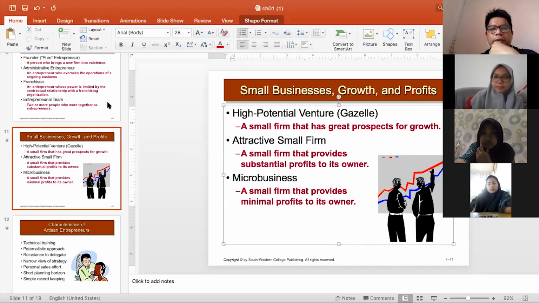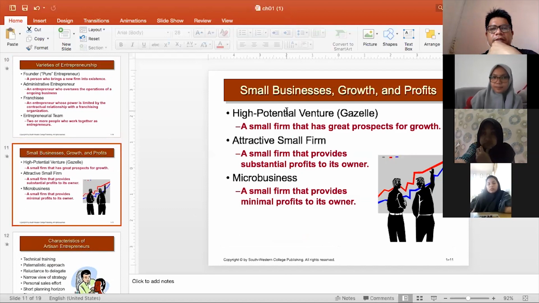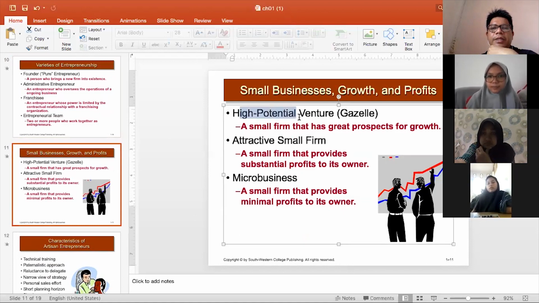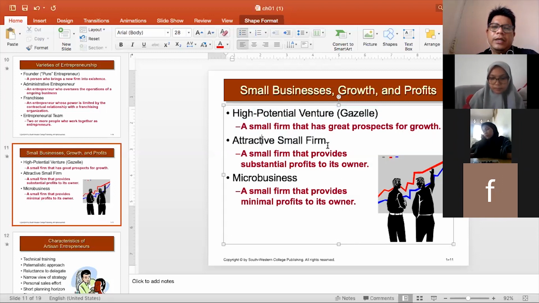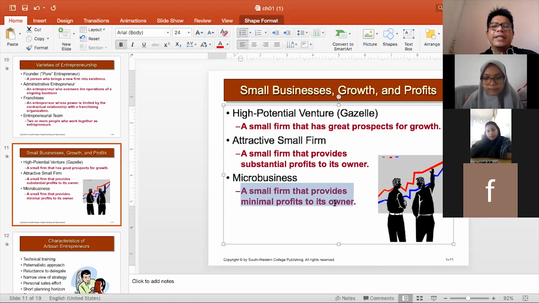Small business growth and profits. High potential venture, a small firm that has great prospects. You need to have intuition and also analysis to see a small firm that has great prospects for growth, and you can join with them. Attractive small firm, a small firm that provides substantial profit to its owner. Micro business is smaller than a small business, a small firm that provides minimal profits to its owner.